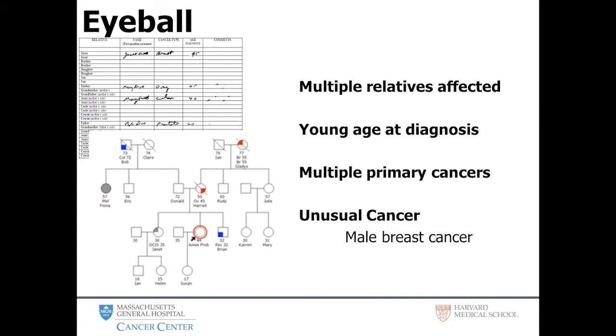Does this group fit, with multiple relatives affected, young age at diagnosis, multiple primary cancers in one individual, or unusual cancers? If we look at this piece of paper and remember the criteria and put it all together, we might identify a patient who needs to see a high-risk clinic.